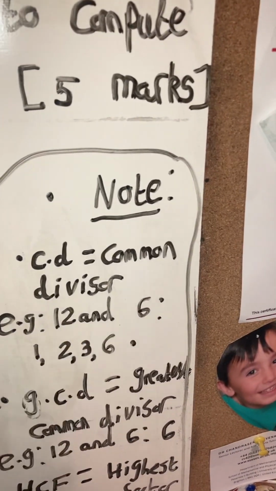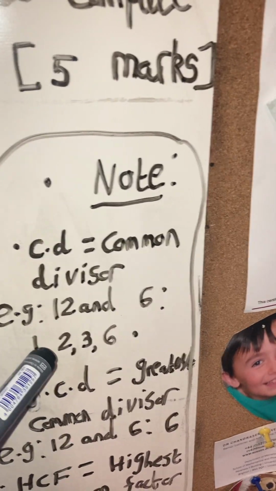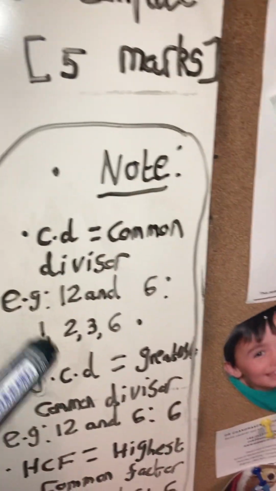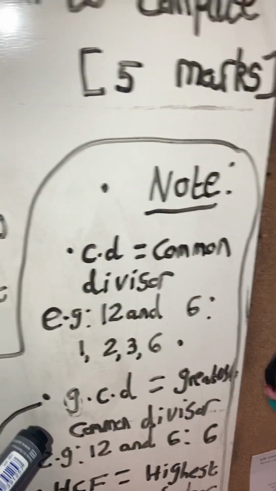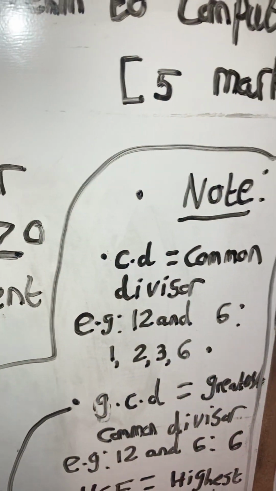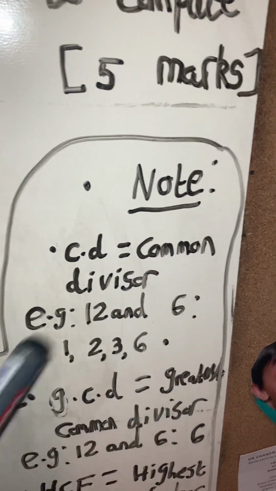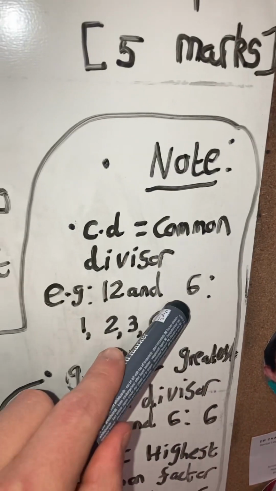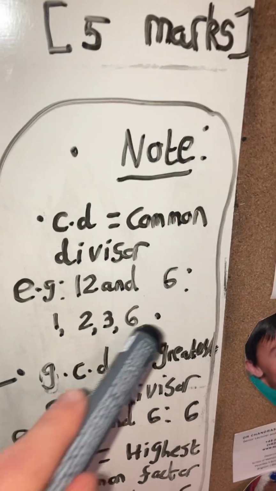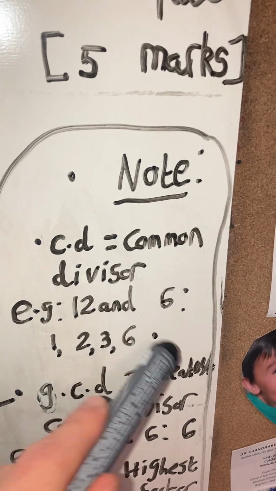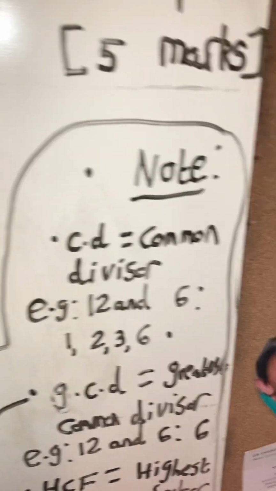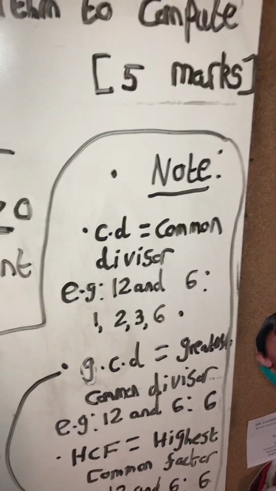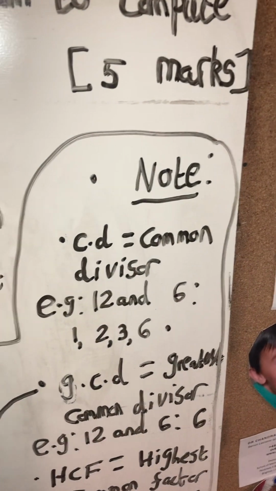So for 12 and 6, common divisors are 1, 2, 3 and 6, because if you did 12 divided by 1, 2, 3, 6, you get nice whole numbers, and the same for 6. If you did 6 divided by 1, 2, 3, 6, they all give you positive integer whole numbers. So that's a common divisor.